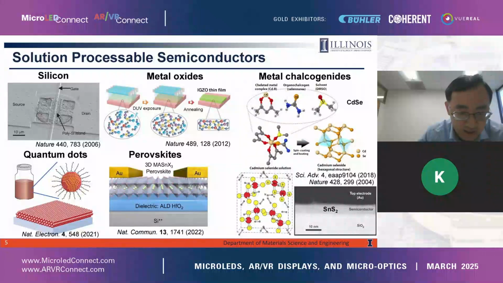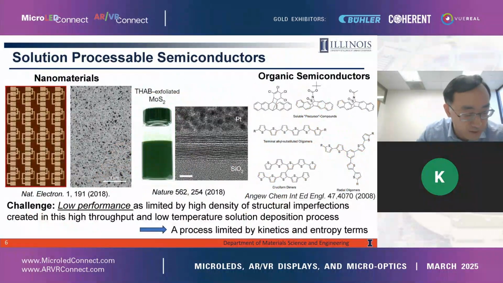Here I list some candidates that have been tested before, including polysilicon formed from silane precursors, colloidal quantum dots, metal oxides, perovskites, binary metal chalcogenides, various nanomaterials including carbon nanotubes and 2D semiconductors, as well as different types of organic semiconductors.